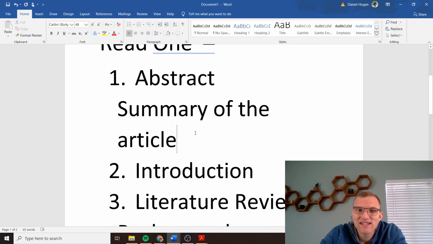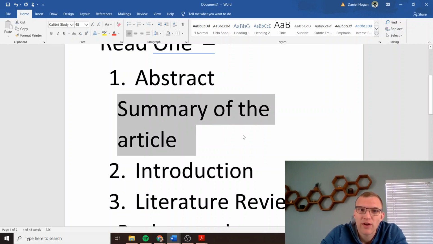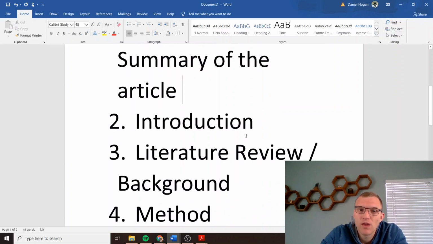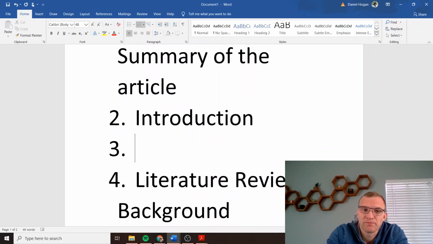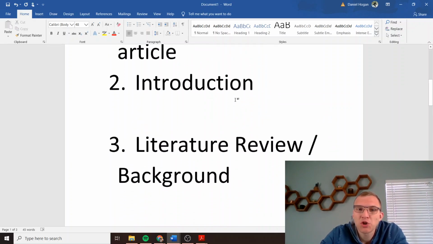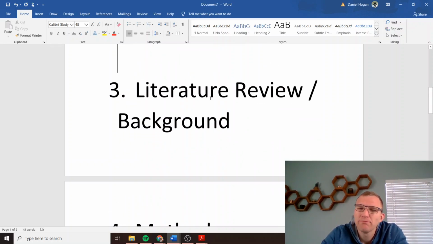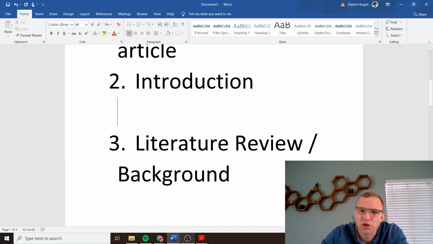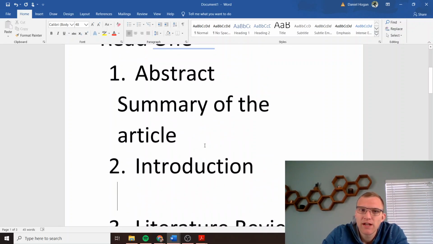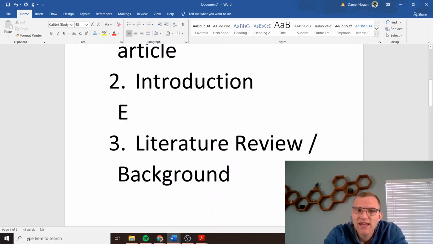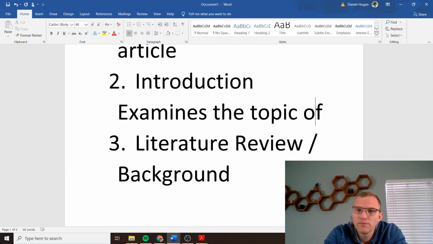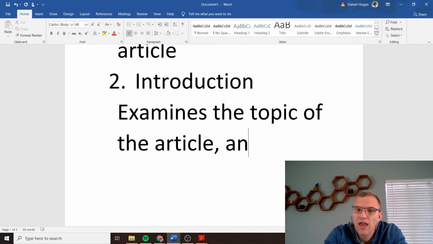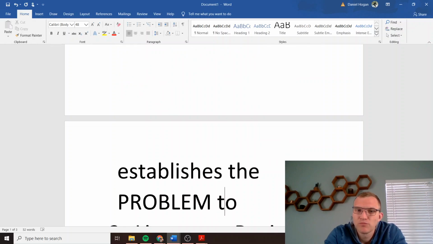So that is the single most important part of an academic journal article that you want to read. Next is the introduction. Sometimes an introduction will be combined with a background or literature review, but let's just start with the introduction. So the introduction usually examines the topic of the article and establishes the problem to be studied.